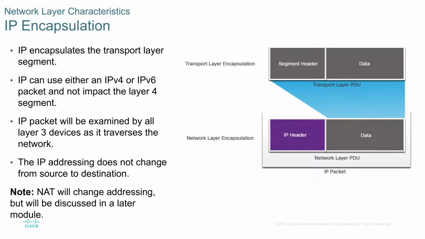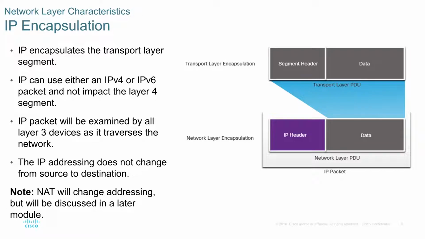As seen in the diagram, the segment header from the transport layer, along with the data, is passed down to the network layer, and the network layer simply understands that as data. IP can use either an IPv4 or IPv6 packet and not impact the layer 4 segment.